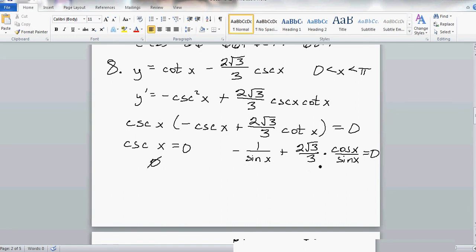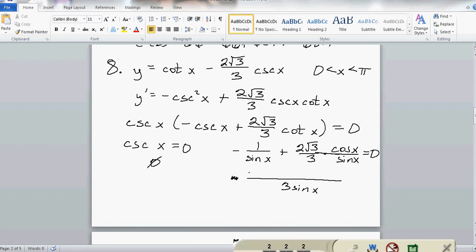My common denominator would be 3 sine x, so all I have to do is multiply this by 3. So I get negative 3 plus 2 root 3 cosine x.